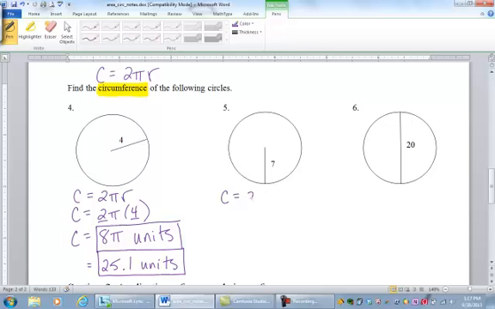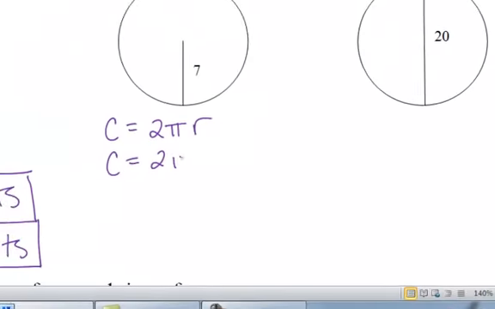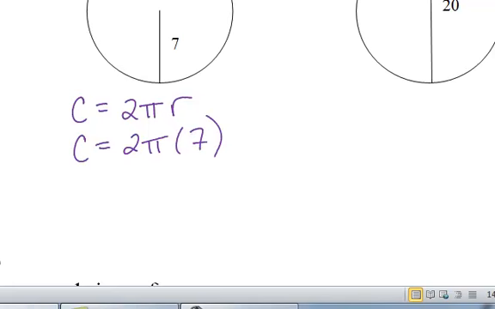I'm starting by writing my formula. Circumference equals 2 pi r. And I'm going to plug in the 7 this time for my radius, just like we did for the area formula. And you can multiply the 2 and the 7. So you get circumference equals 14 pi. And that's going to be our exact answer.